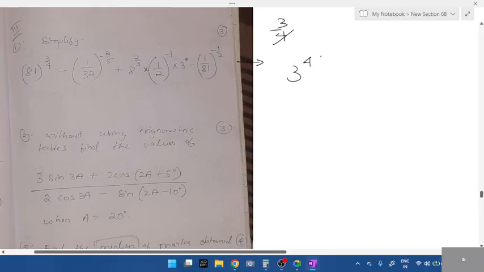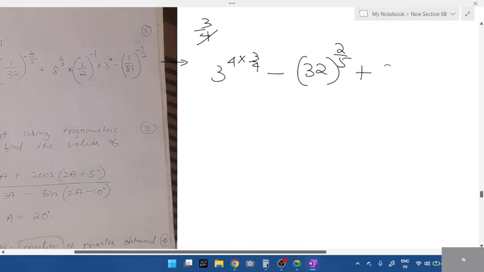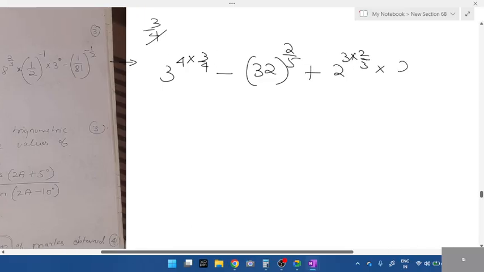So 3 to the power of 4 into 3 to the power of minus 4, the power is negative. 1 by 3 squared becomes 3 squared by 1. Just write 32. 2 to the power of 5 plus 8 becomes 2 to the power of 3, into 2 to the power of 3 multiplied by minus 1 is negative. 1 by 2 becomes 2 by 1.